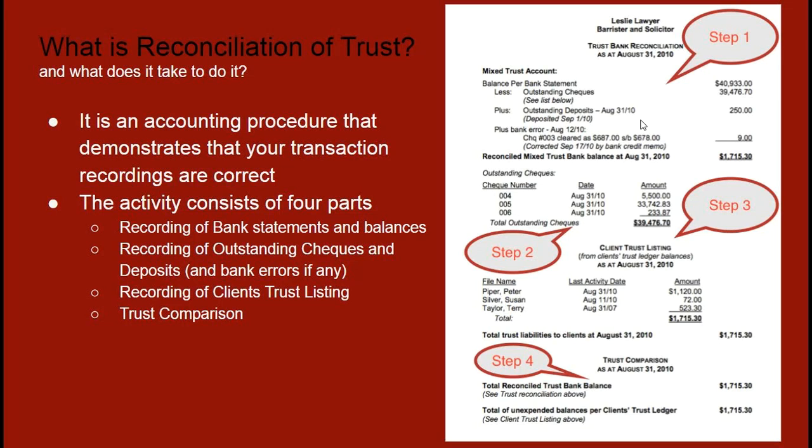So for example, if you had a bank error in the trust, what that really means is sometimes, if you haven't explicitly mentioned it, financial institutions may charge you a bank fee and may, let's say, withdraw $10 automatically out of your trust account. Now, it's your responsibility as a law firm to go and tell the institution that your trust account needs to be untouched and any bank fees should be withdrawn from your general account.